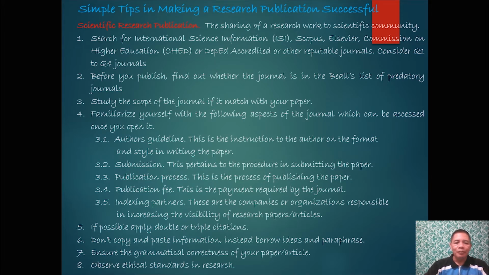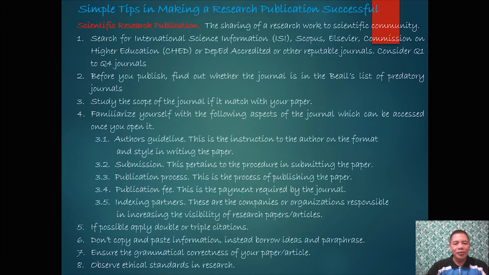Tip number 2. Before you publish, find out whether the journal is in Beall's list of predatory journals. I am pretty sure that you are aware of these predatory journals. Tip number 3 is to study the scope of the journal if it matches your paper.